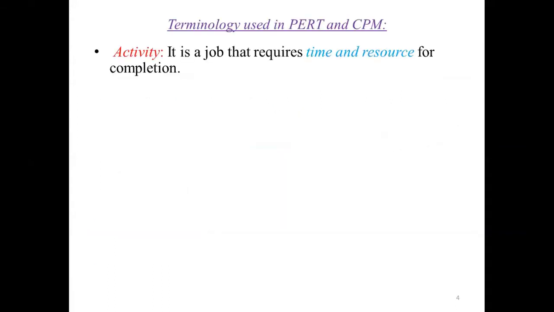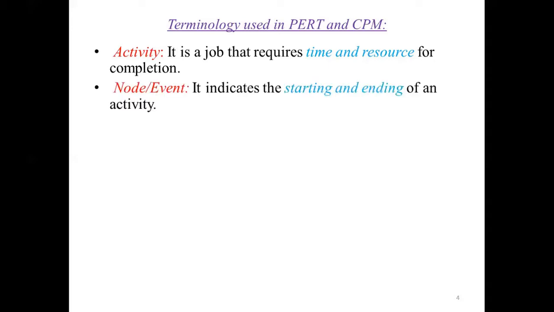Activity: a job that requires time and resources for completion is known as an activity. Node, or you can call it an event, indicates the starting and ending of an activity.